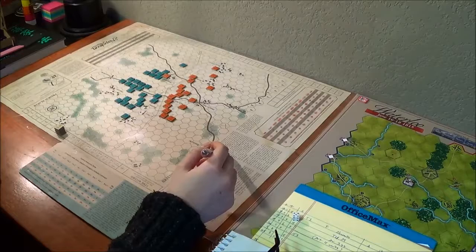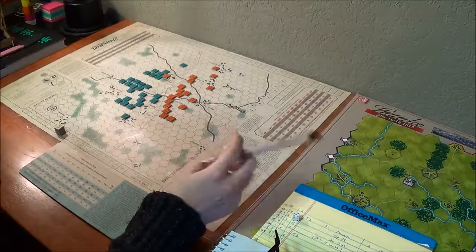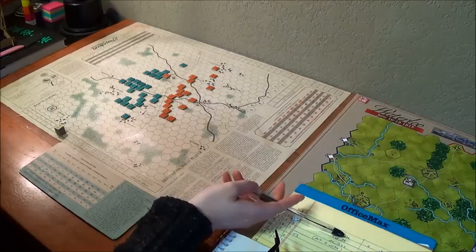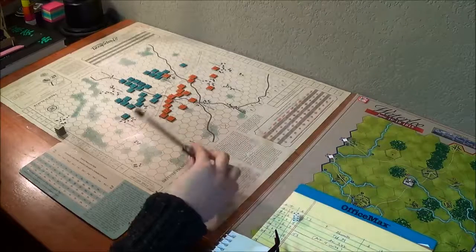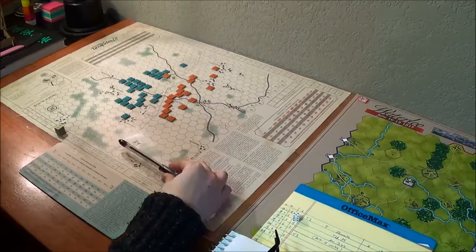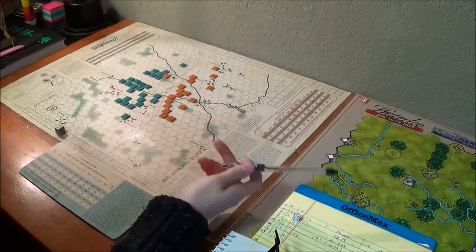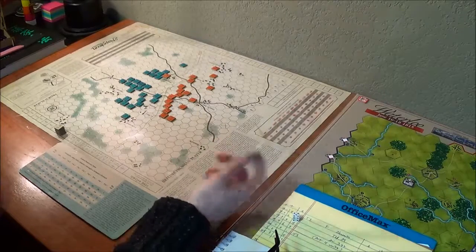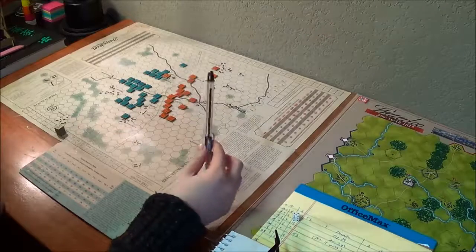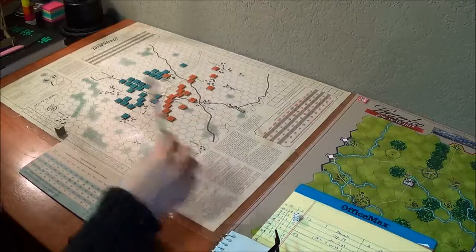What else? Yes. I believe that turn 3 of Waterloo 20, the afternoon turn, covers roughly the first few turns of Napoleon at Waterloo. So that's what we're going to do: play through a few turns, I'll upload that, go back to Waterloo 20, continue screwing up, not intentionally, and go back and forth every few turns.